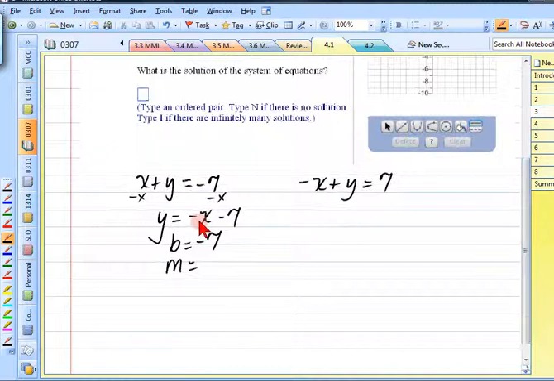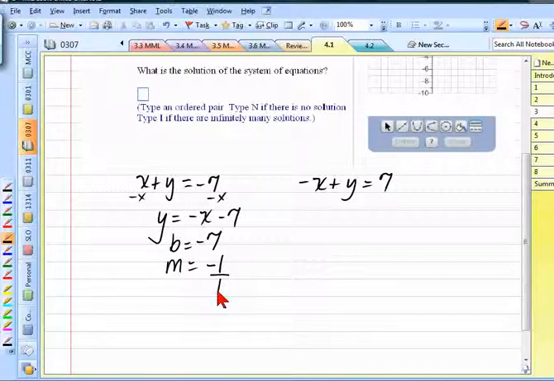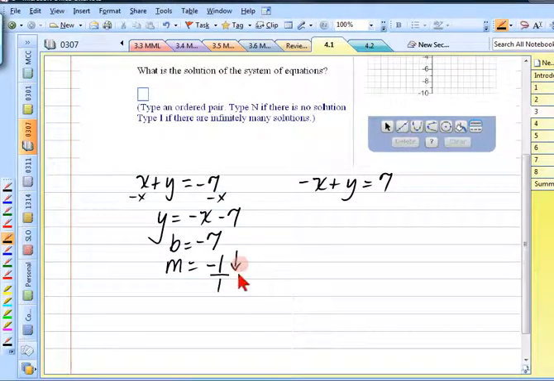It is the coefficient of the x, which makes it negative 1, and it needs a denominator of 1. Because if you don't have a denominator, always put a 1. What moving directions does that tell you? Down 1 and right 1. So I will use that information in just a minute to graph my line.